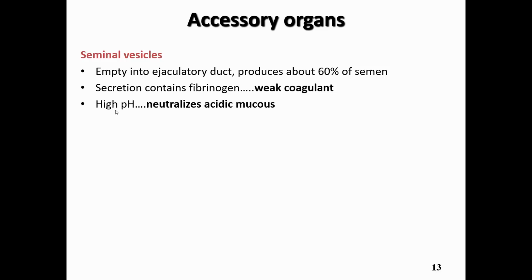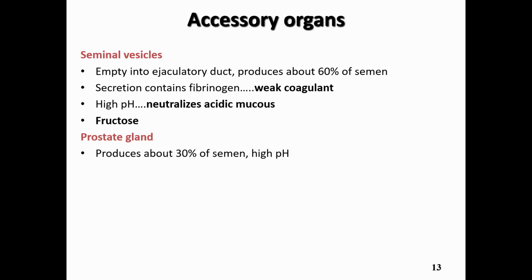That has the function of offsetting any acidic mucus that exists, because a low pH or very acidic environment would denature proteins of the sperm cell. The seminal vesicles will also secrete fructose, which is the fuel used by the mitochondria in the midpiece to provide energy for the tail of the sperm cell.